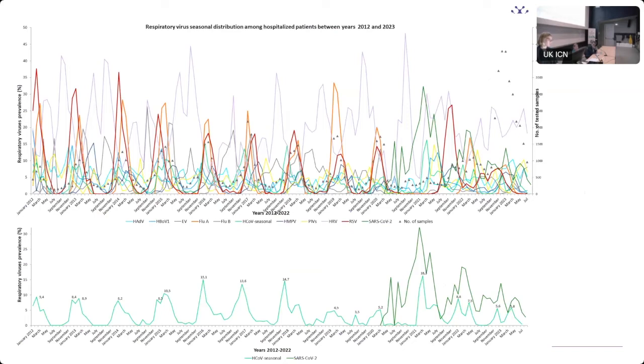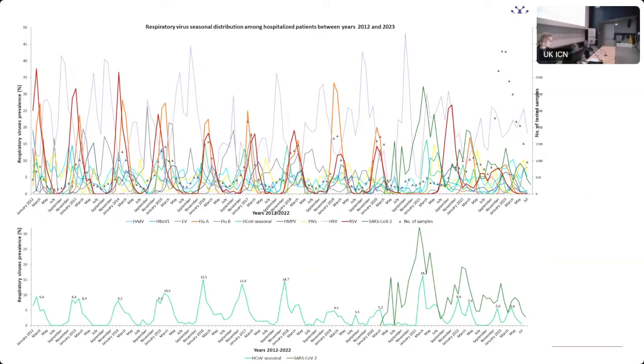You can see that it's very crowded here, and that every virus has its own position in the year. The figure below represents the seasonal coronaviruses in light green, and in the dark green line you can see SARS-CoV-2.